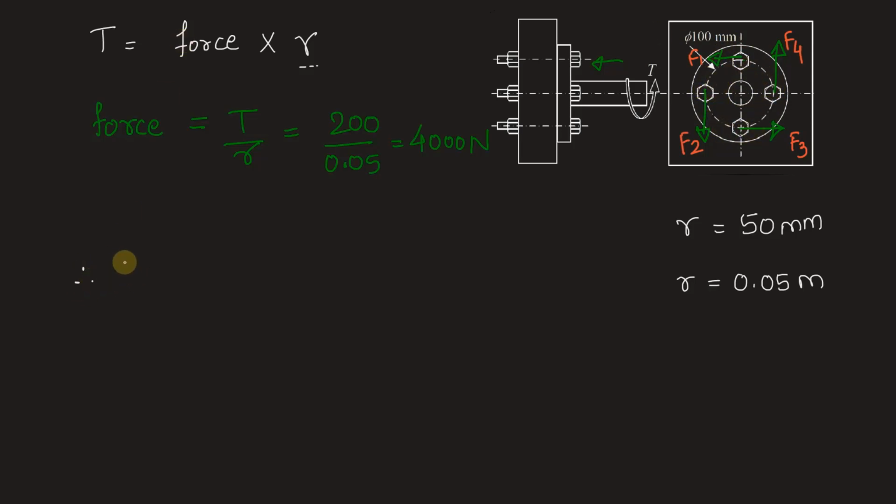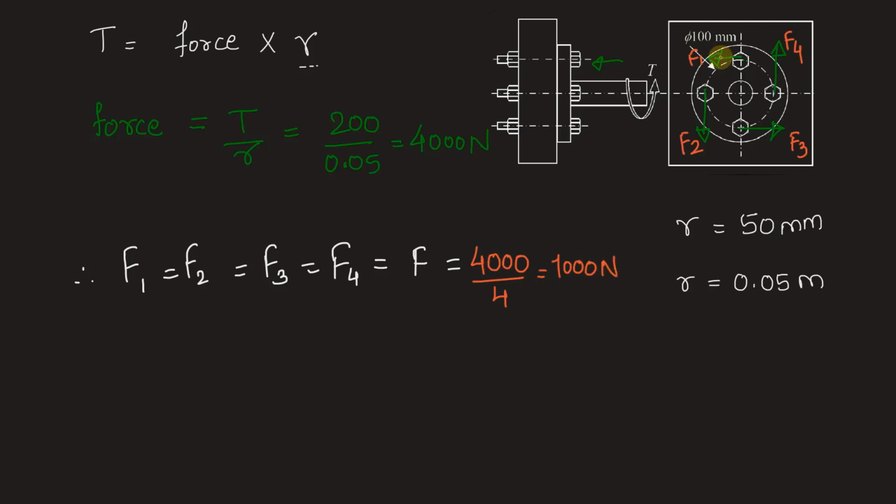Therefore, we have force on each bolt F1 equal to F2 equal to F3 equal to F4. Let all the values be equal to F, and F is nothing but 4,000 divided by 4, which is simply 1,000 Newton.